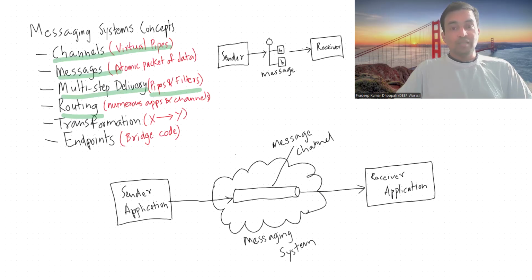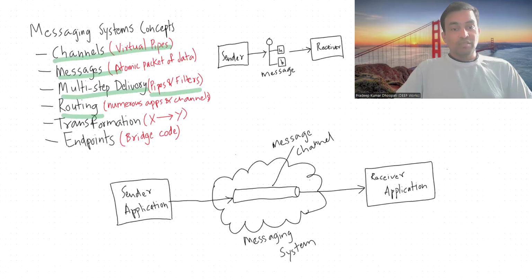And at times, one sender has to send the data to multiple receivers. So routing is a messaging concept which is responsible for routing the messages to the right destinations, the right channels and the right receivers. And sometimes the original sender might not even know which channel will take that message to the final receiver, and at times the sender doesn't even know who the destination or the message consumer is.